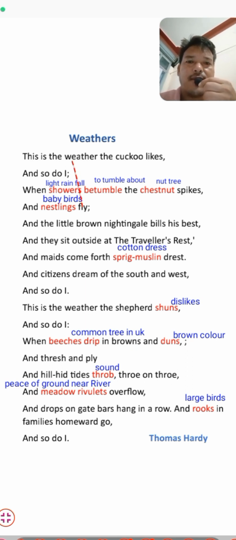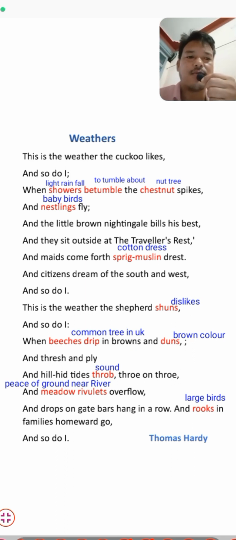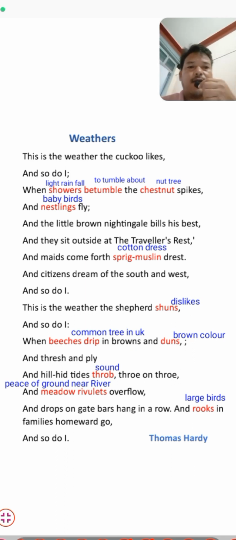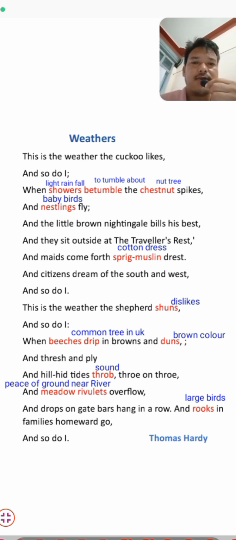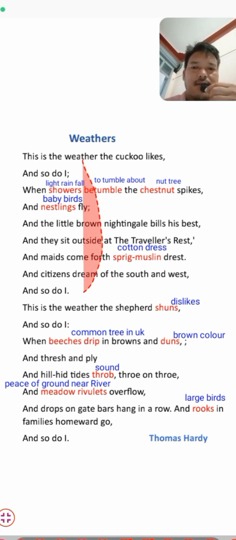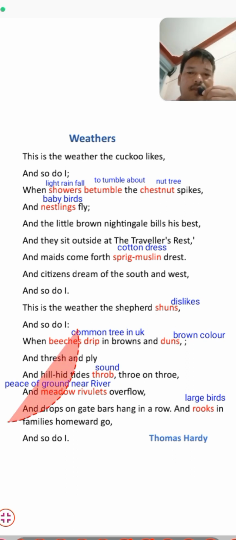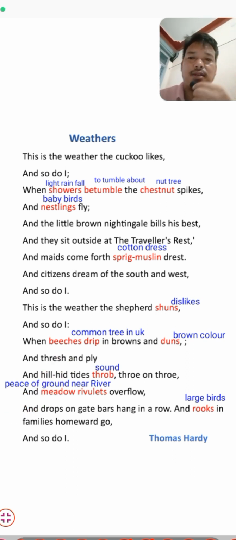In this poem, the poet describes two seasons: one is springtime, and the second is winter time. So here we start. Students, we have two stanzas. In the first stanza, we will discuss springtime. In the second stanza, we will discuss winter time. So let's start with the first stanza.